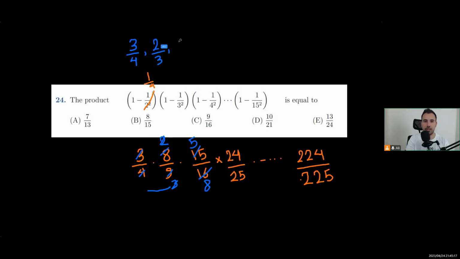So it will be 5 over 8. Okay, this would be 3 over 5. Okay, so do you see a pattern? Well, and then it's going to go all the way to the last one.